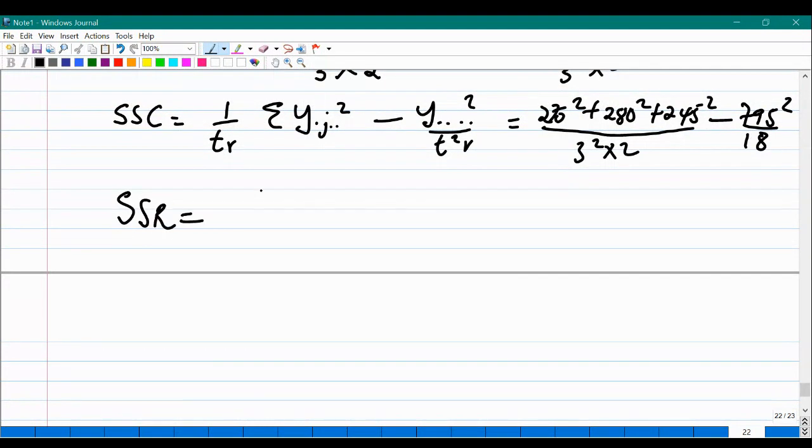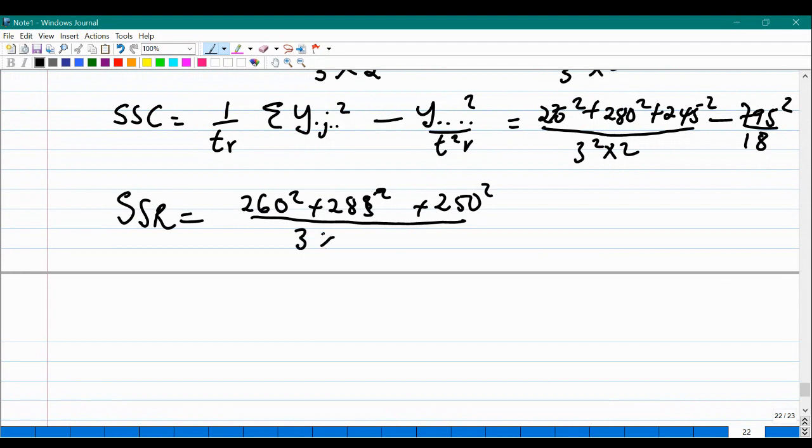SS row, you have 260 plus 285 plus 250 squared, divided by 3 multiplied by 2, minus 795 squared over 18. You'll find the answers there.